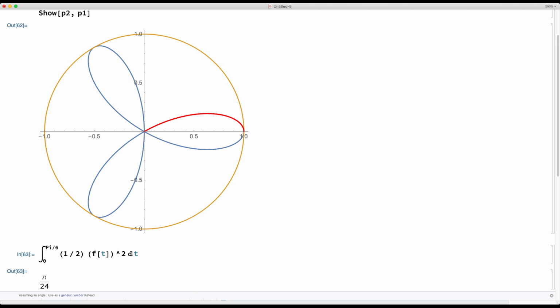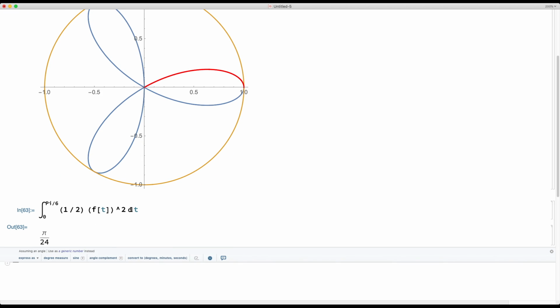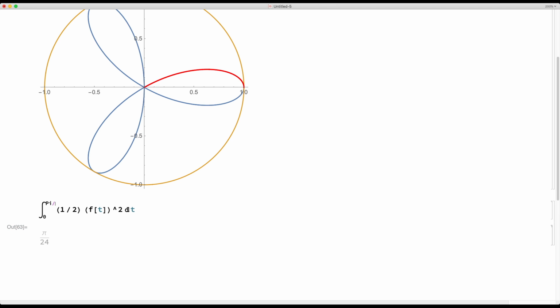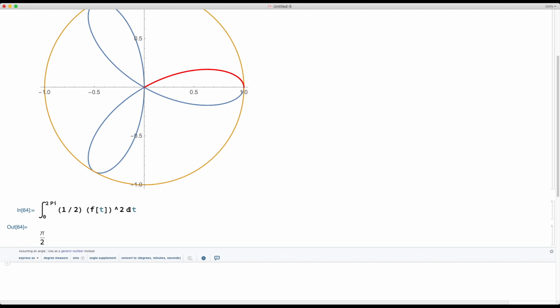What about if you said, oh, well, the total area would just be to go from 0 to 2 pi, right? So what's the total area that we've talked about here? Pi over 4, right? But if I integrate from 0 to 2 pi, I get pi over 2. Why? Exactly. So what happened when we drew this thing?